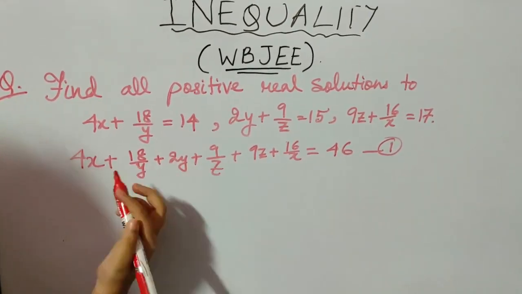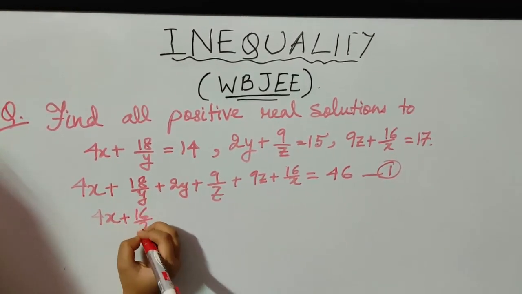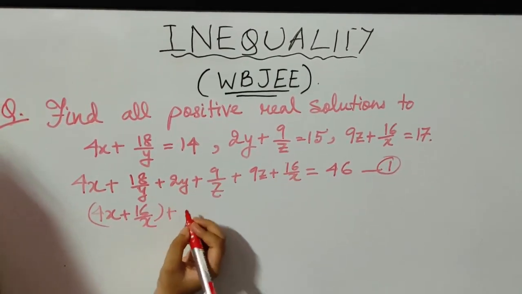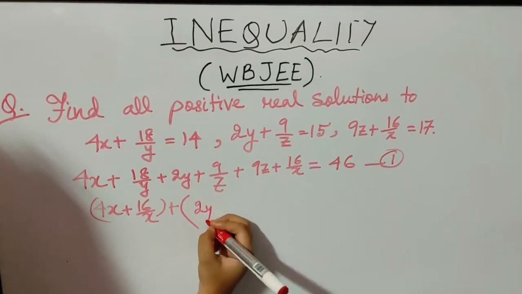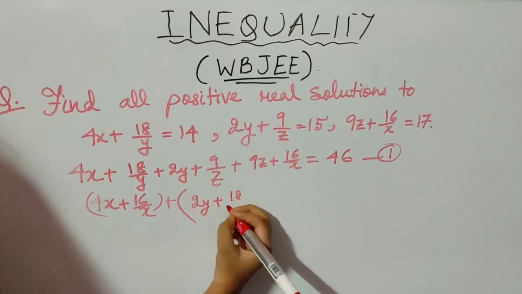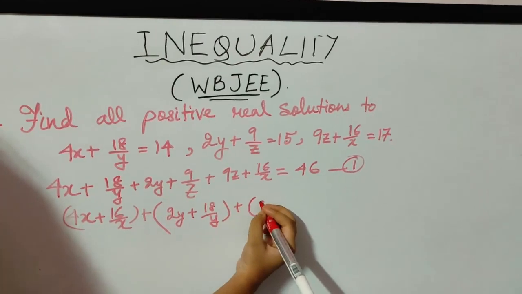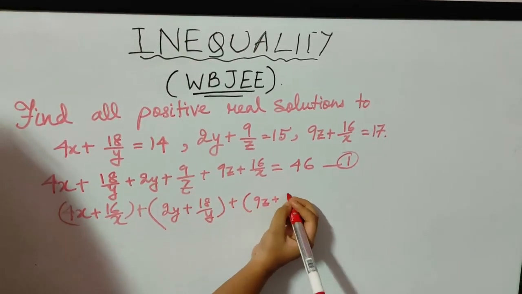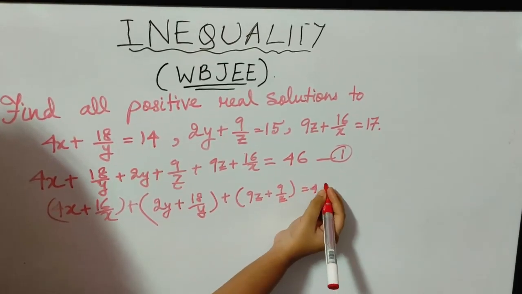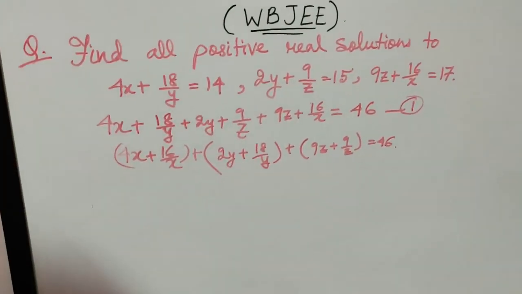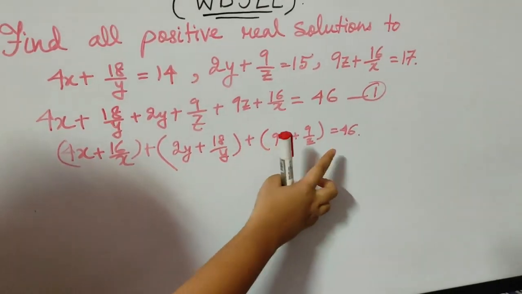Pairing these two, we have 4x plus 16 by x plus 2y plus 18 by y plus 9z plus 9 by z is equal to 46.